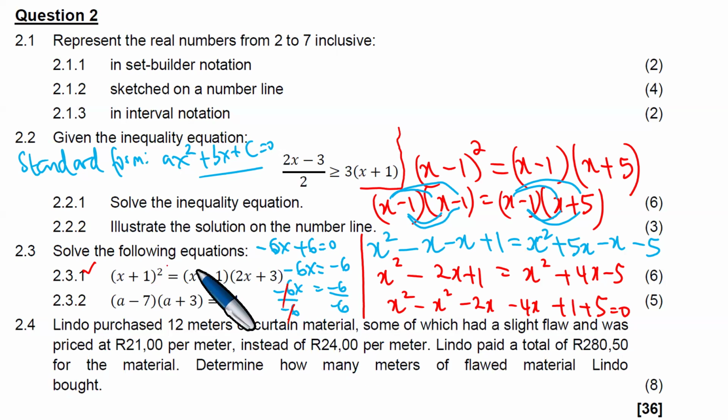So you cancel this, meaning that x is 1. X is 1. So this is the answer. X becomes 1 for this one.